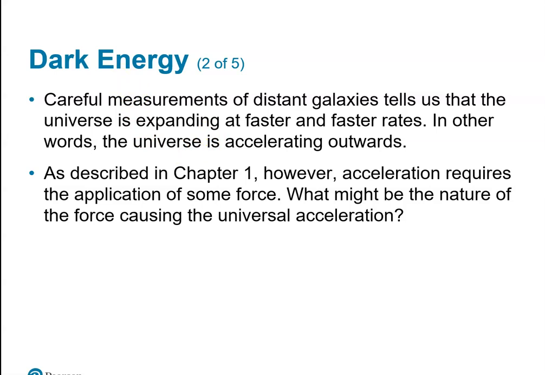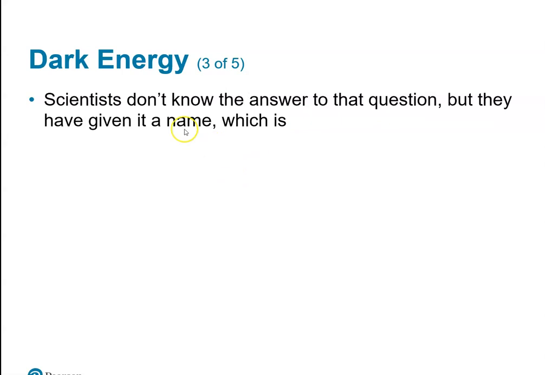People have tried to come up with this, but it doesn't seem to work very well. But it's basically like all of a sudden, the universe, this thing that's expanding, is now expanding a little bit faster. All right, so that's the name that we've given this.